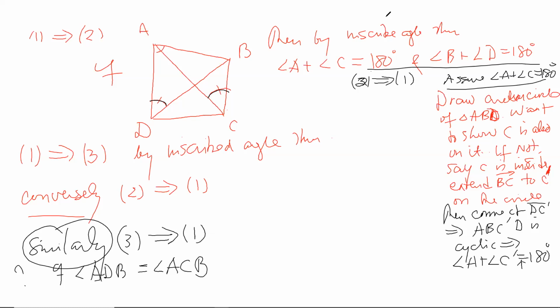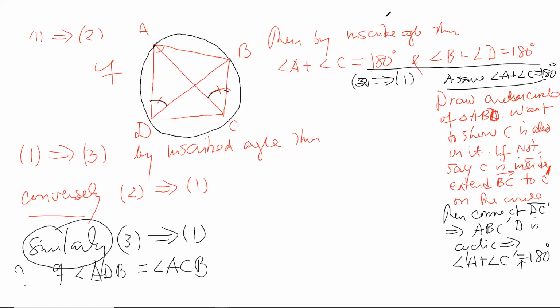Right, but you draw again the circle of ABD, because ABD always has a circle. Then you want to show C is on that. You agree? So that's what we mean by a similar proof.